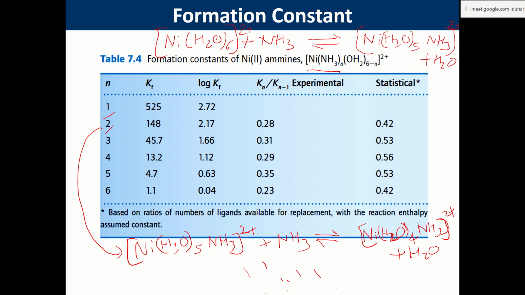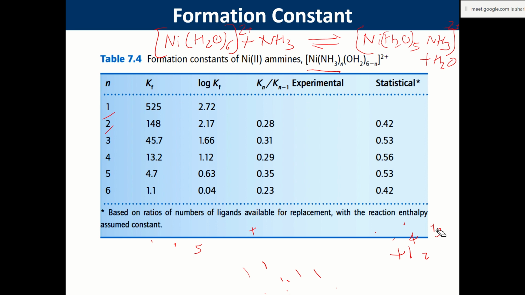And if we compare each of the formation constants, step 1, step 2, step 3, until the sixth, the Kf values are 525, 148, 45.7, so it gradually decreases.